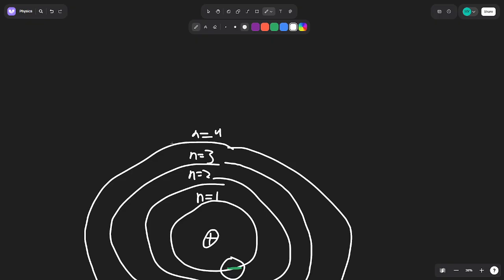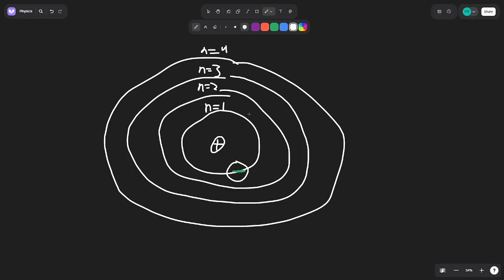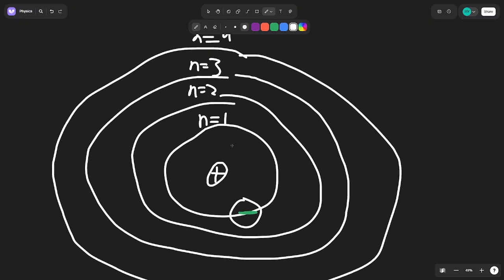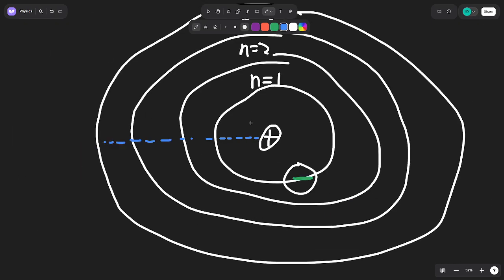So, the potential energy of an electron is also quantized. It means an electron, a negative charge electron, is able to inhabit only certain energy levels at fixed distances from the core. You see, fixed distances from the core, they're the same.